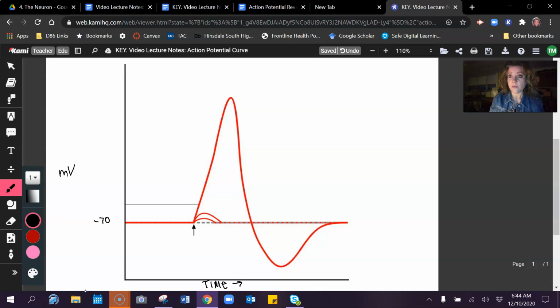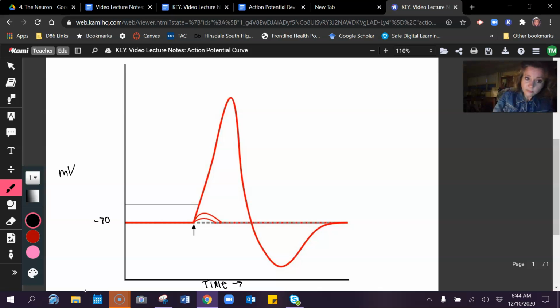The reason why our cytoplasm inside of our cell is negative is because it contains chloride ions, which are negative, and also because it contains anionic proteins, or proteins that will carry a negative charge. So that's why the inside of our cell is negative.